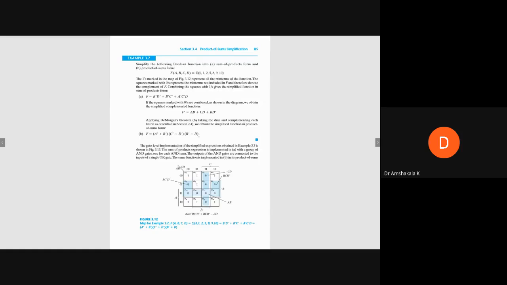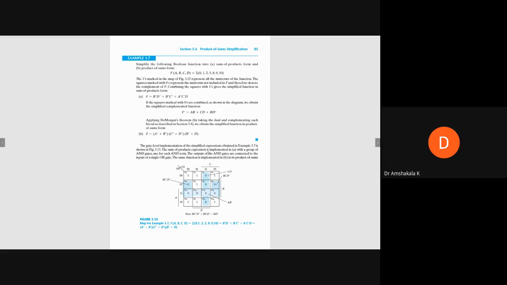So this is product of sums simplification. When there are chances for grouping zeros and getting a simplified expression, we'll go on like that.